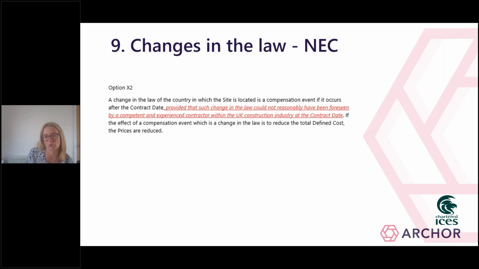So as I've said, the amendment on the slide, as a caveat, it waters it down, and the risk has to be adjudged by what a competent and experienced contractor would have foreseen. So there's no good in the contractor saying, well, I didn't foresee it. So, you know, as far as I'm concerned, the change in that law is the client risk. That is not relevant. It's what a competent and experienced contractor within the UK construction industry would have foreseen as at the contract date.